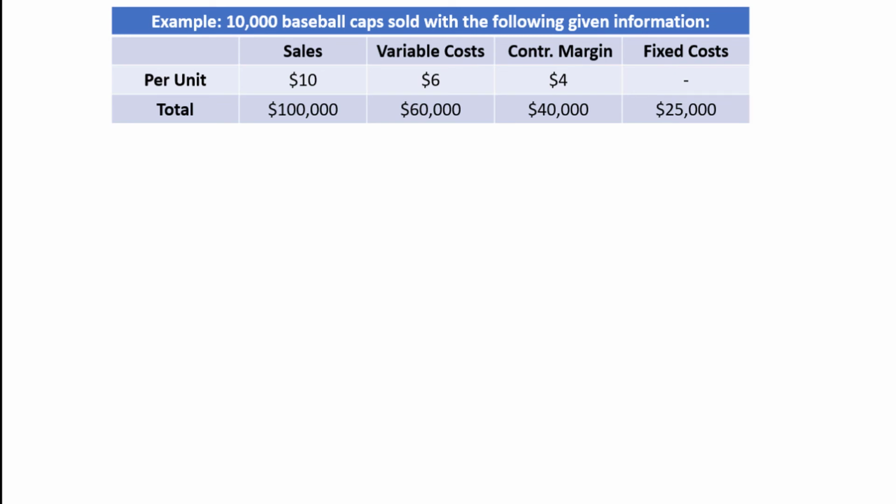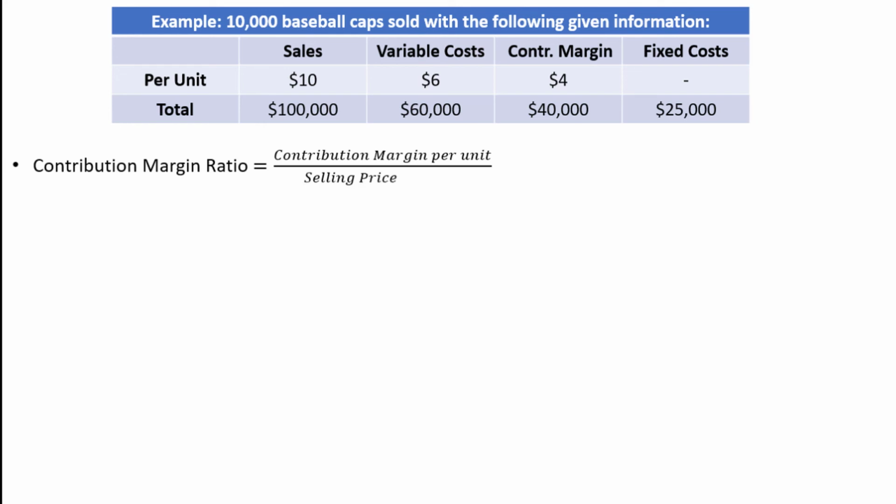There are a few other important formulas that can be helpful to discuss relating to contribution margins, which I want to apply to our example. The first is the contribution margin ratio, which can be found by taking the contribution margin per unit and dividing by the selling price per unit. So that's 4 divided by 10 in our example, which is 0.4 or 40%. This means that 40 cents on each dollar of sales contributes to paying down fixed costs and generating profit.